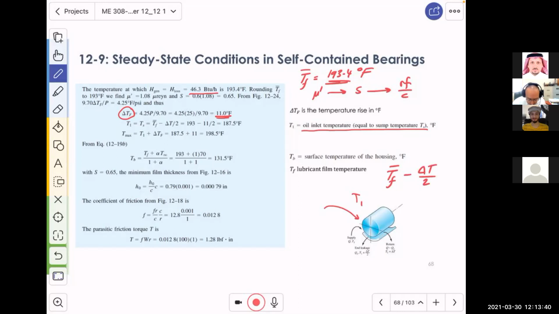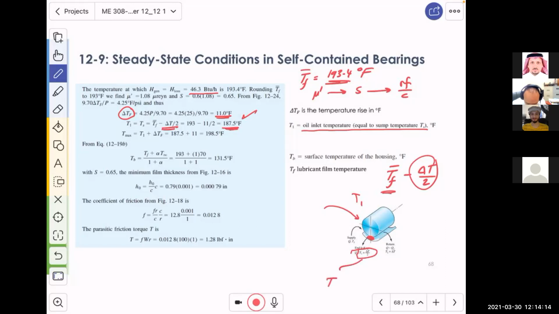Why? Because in here, the film temperature has already gone up. By how much? By this average. So I take that off from it, and I get the inlet temperature. So the inlet temperature is 187.5 degrees Fahrenheit.